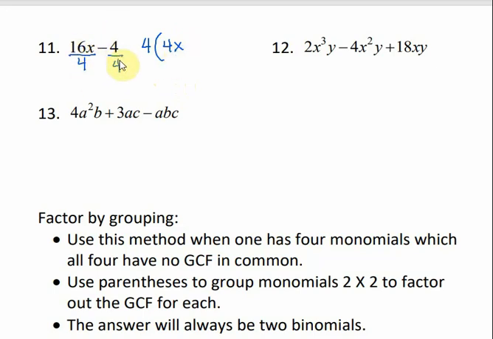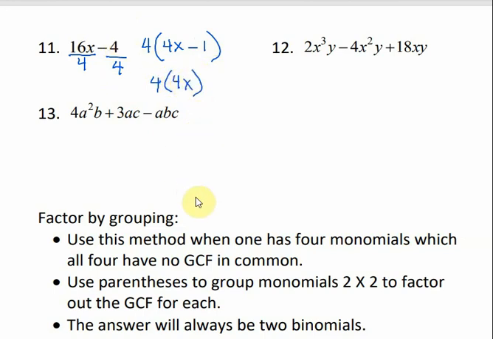Now, what a lot of students end up doing is they take this and they just cross it out. Well, when we're dividing, 4 divided by 4 is not 0. What is 4 divided by 4? 1. So this would be minus 1. If you just marked it out, then I would have 4 times 4x, and that would be it, right?